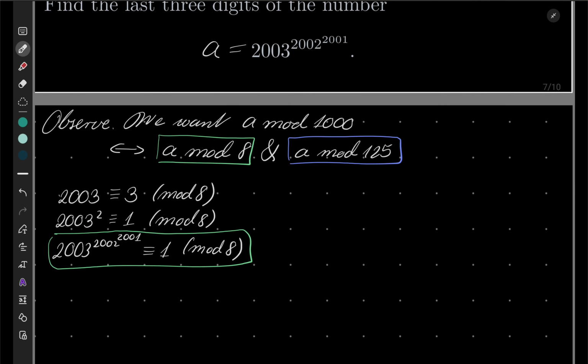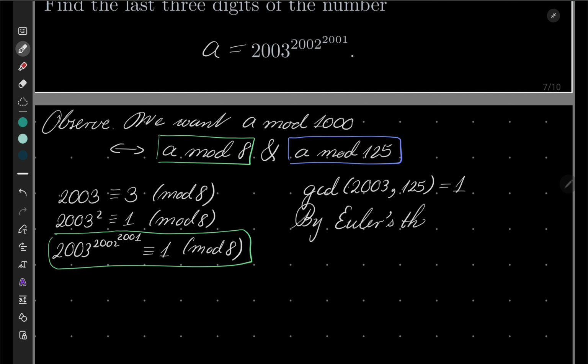By so-called Euler's theorem we know the following fact: because the GCD of 2003 and 125 is 1, these two numbers do not have any common factors, by Euler's theorem we know that 2003 to the power k, in fact to any power k, is congruent to 2003 to the power k modulo phi of 125, modulo 125.